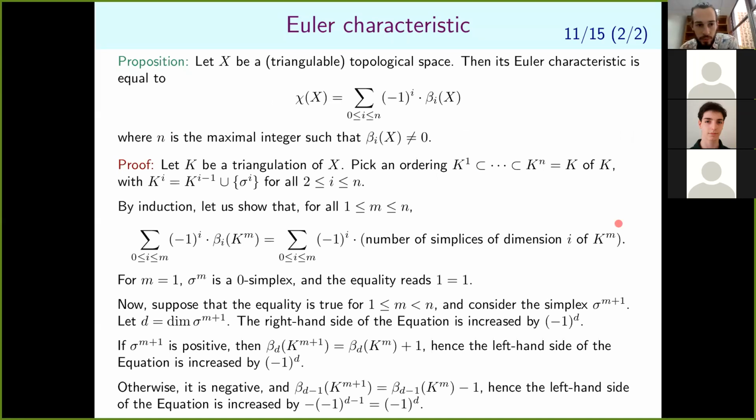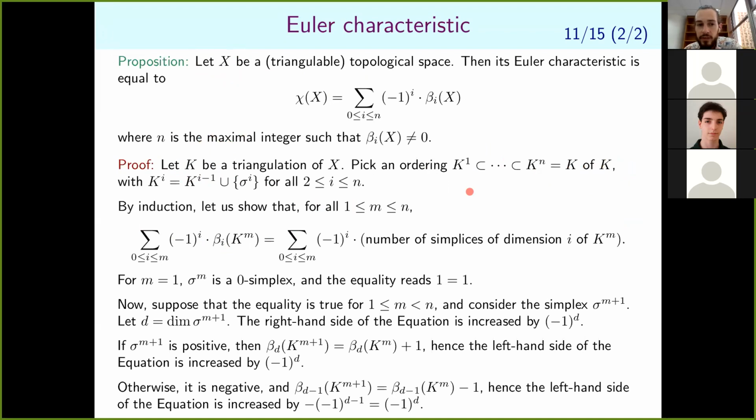We will do so by using the incremental algorithm. Take a triangulable space, for which you can find a triangulation, a simplicial complex K. You pick an ordering of your simplicial complex, as we've seen at the beginning.